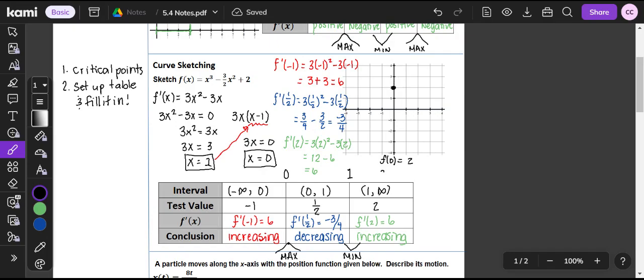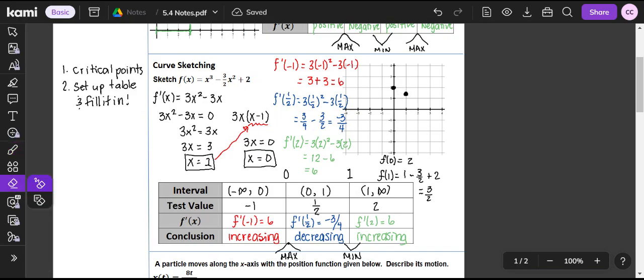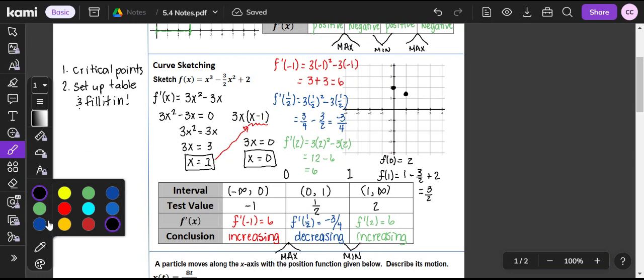And then if I plug in 1, I'm going to get 1 cubed, so 1, minus 3/2 times 1 squared, so minus 3/2, and then plus 2. If I do that, I will get positive 3/2 or 1.5. So I know that at x equals 1, the value of my function is about 1.5. So right there.